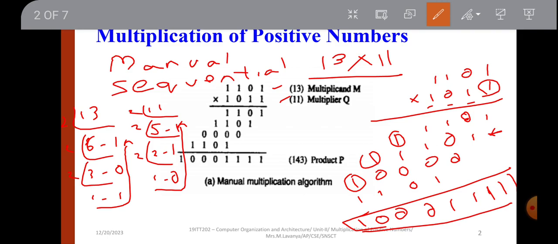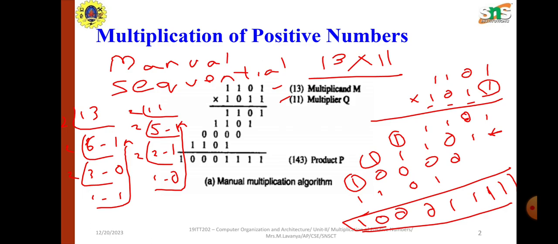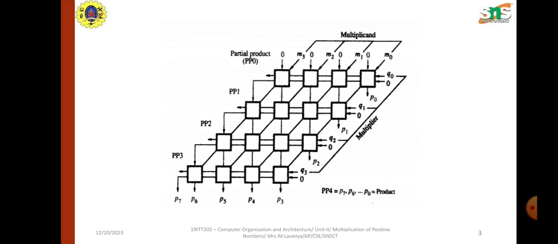We are going to see the same problem sequentially. Let's see how the system solves this problem, because the processor will solve whatever problems we give to the system in a sequential manner only. Let's see how it does. This is nothing but a matrix multiplication representation.